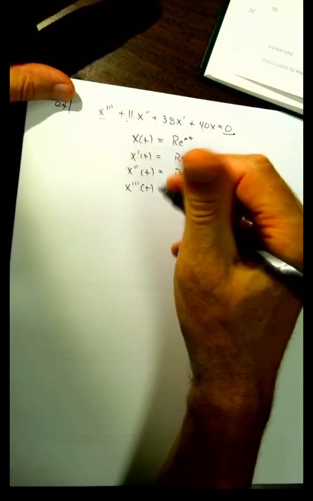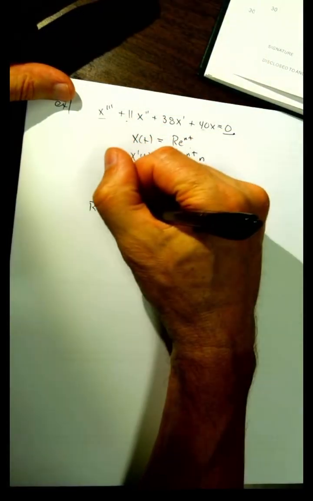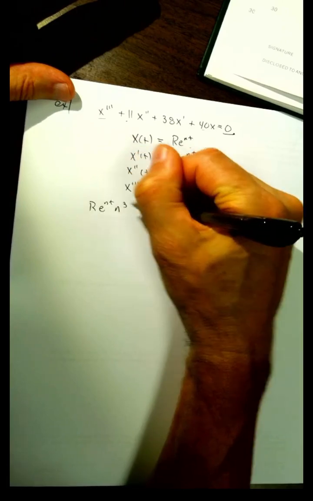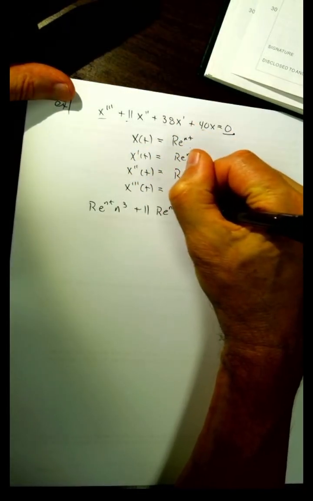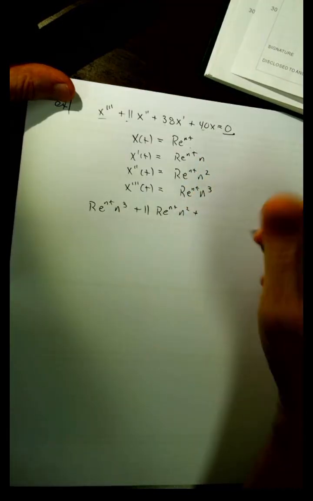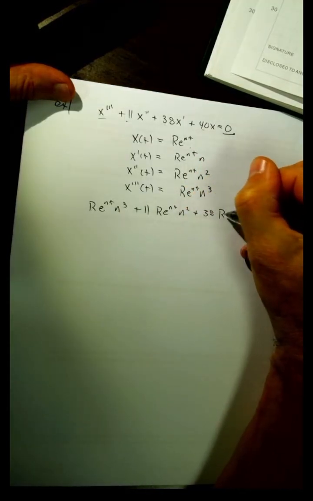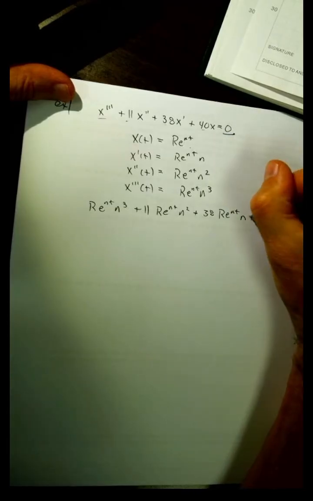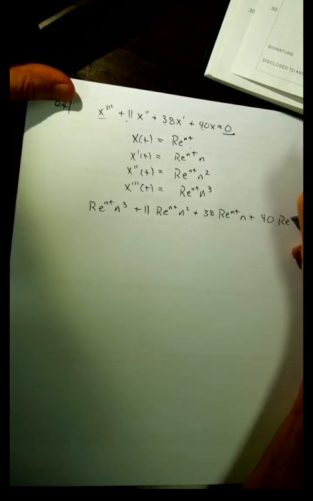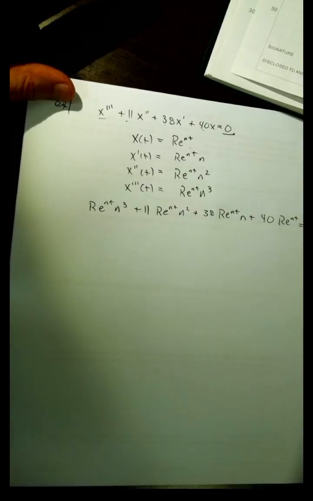If I plug this back into my original equation, x triple prime is re to the nt n cubed, plus 11x double prime. x double prime is re to the nt n squared. x prime is 38 re to the nt times n, plus 40x. x is re to the nt, equals 0.